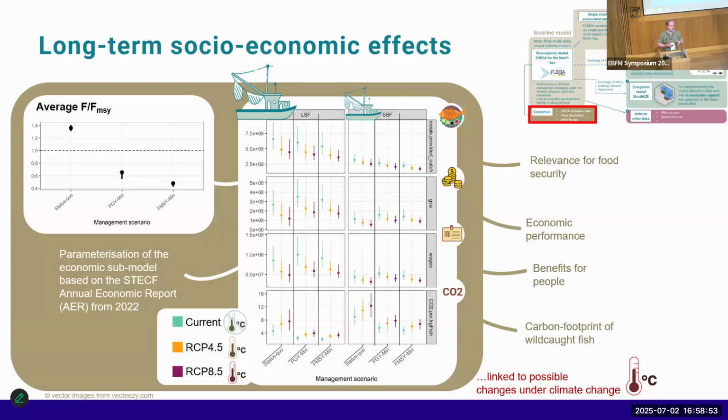And of course, we also see the negative effect of climate change. But if you look at the economic performance or at wages, then we see that the PGY scenario outperforms the status quo. So here it is more a win-win situation. And of course, also for carbon footprint. If you have FMSY-min with low fishing effort, then the carbon footprint will be lower. So that's also good.